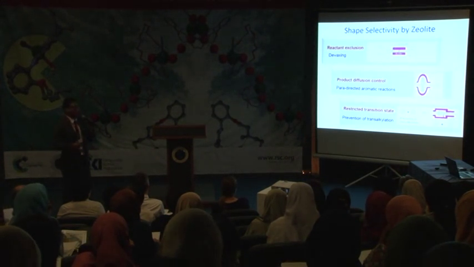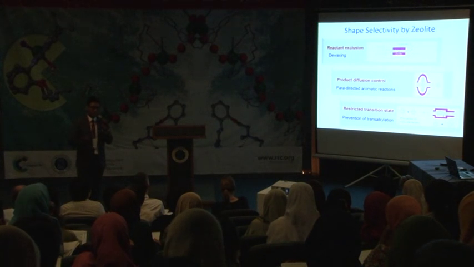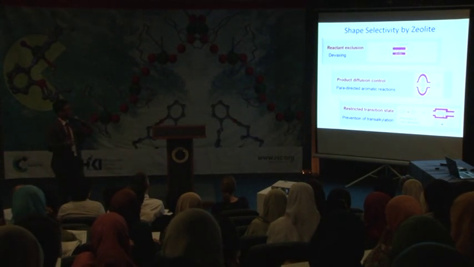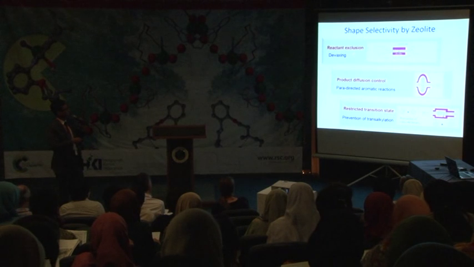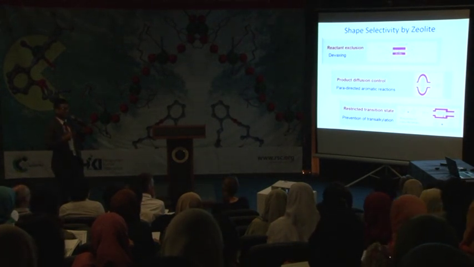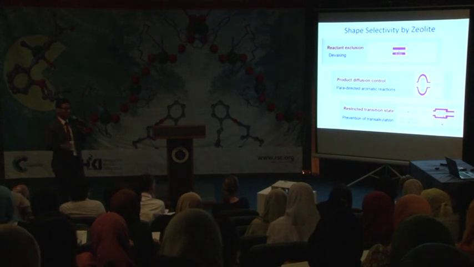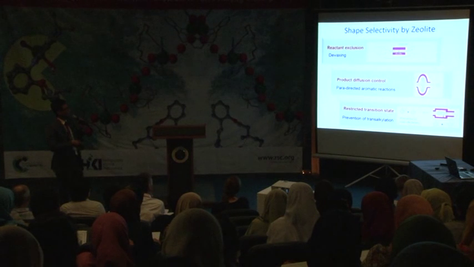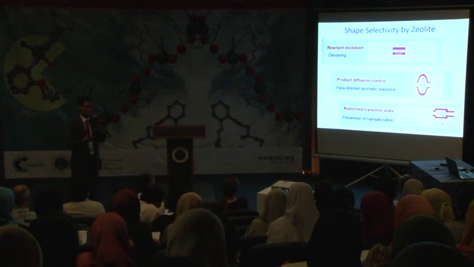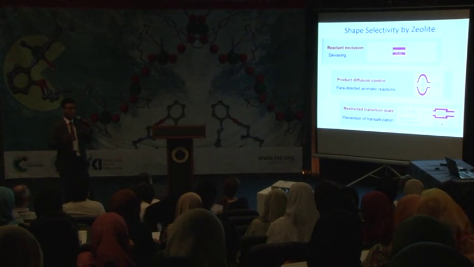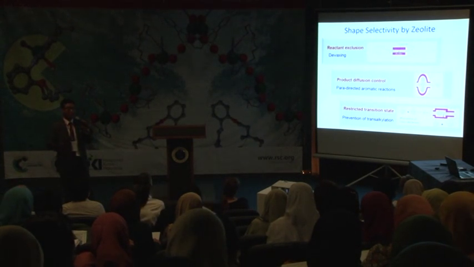Of course, this is due to the shape selectivity of zeolite. If you know already, for instance, in the removal of wax, the zeolite can smartly identify the linear alkanes compared to the branched ones. So it helps us to improve the cold flow properties in order to get lubricating oil.